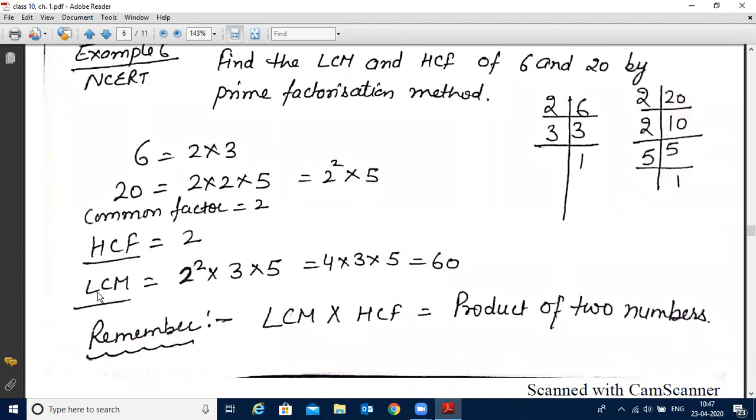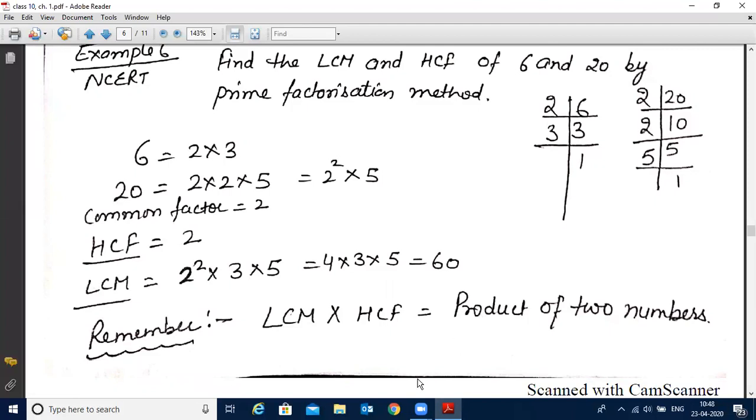Now LCM is the product of the greatest powers of the prime factors. The prime factors in both of them are 2, 3 and 5, and the highest power of 2 is 2 raised to power 2. So in the LCM we will take 2 raised to power 2 multiplied by 3 multiplied by 5. It will become 60. In this way you can find the HCF and LCM using the prime factorization method.